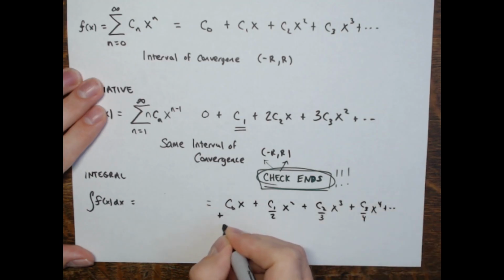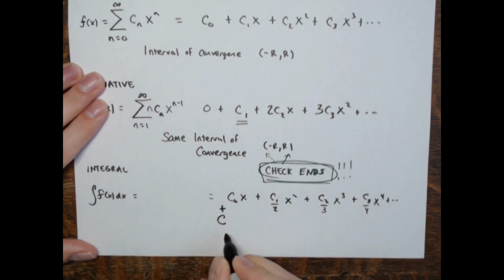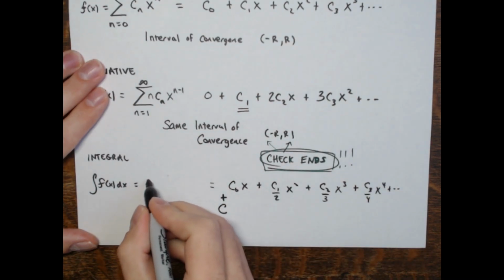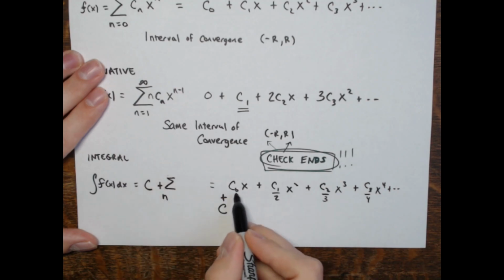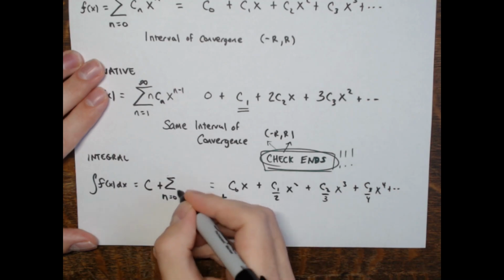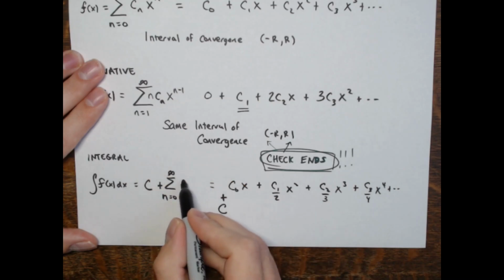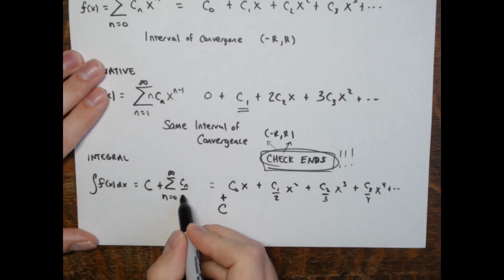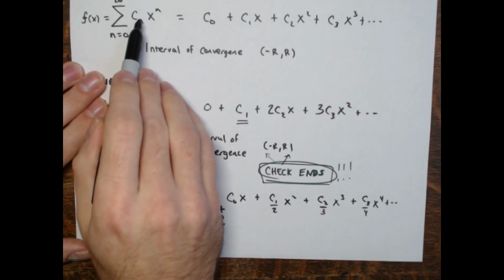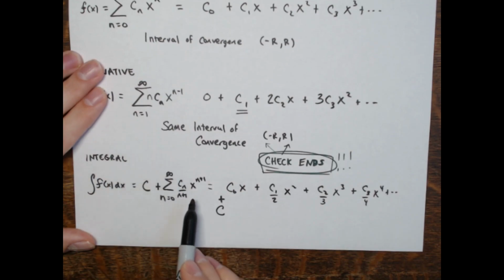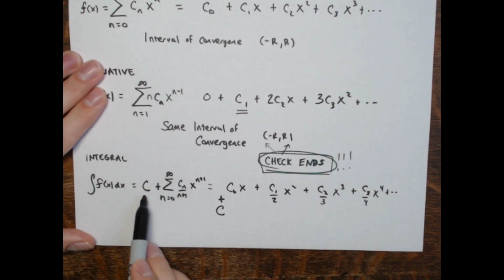And you also remember when you do indefinite integrals, you throw on this constant of integration, right? So we got this c plus the sum, and notice the first non-zero thing is starting at n equals 0 again. And it's just c sub n over n plus 1 times x to the n plus 1, right? You're just taking the terms from the original series and integrating, reversing the power rule term by term.